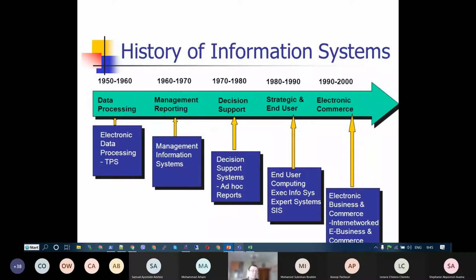The result is the development of a huge number of various types of information systems which are available to us right now.